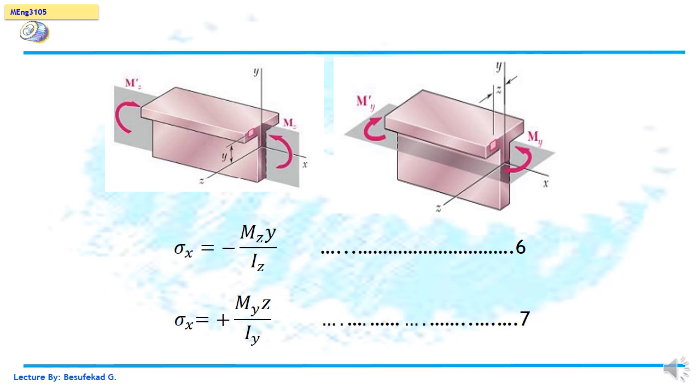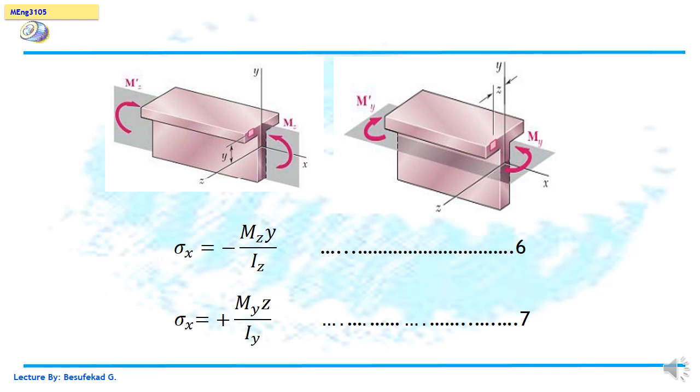Mz is acting on the XY plane, but how do I denote it in terms of a vector? It should be normal to the XY plane. This is how I put the vector.